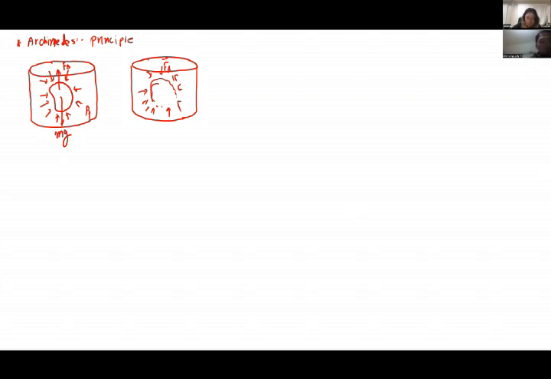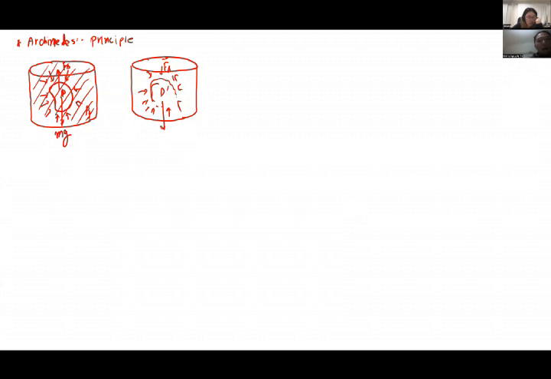Now, if you have a uniform fluid that completely fills this container, then inside the fluid there's no discontinuity.